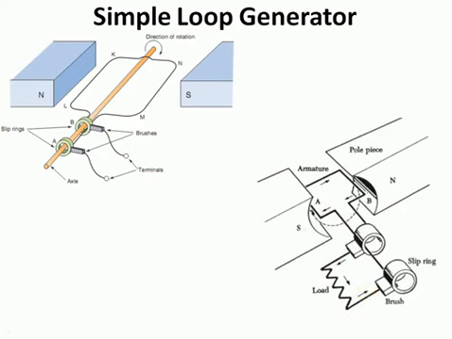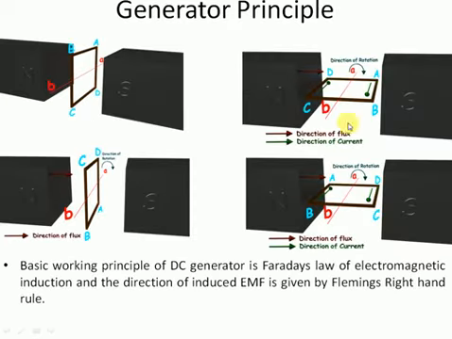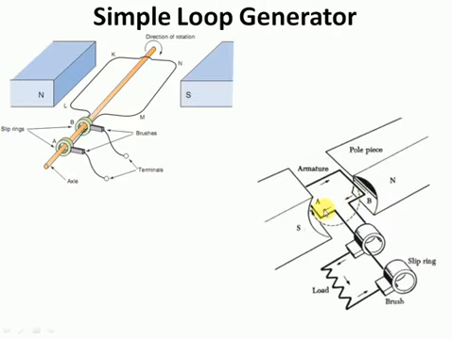If you compare this figure with the working principle diagrams which we have explained, you will be able to identify the direction of current in this particular loop, which I am indicating using this cursor.